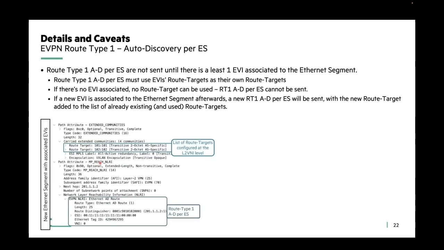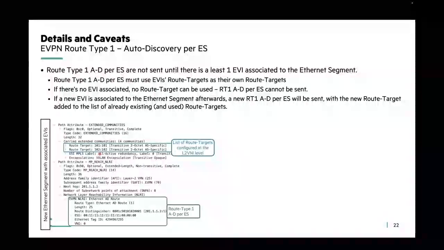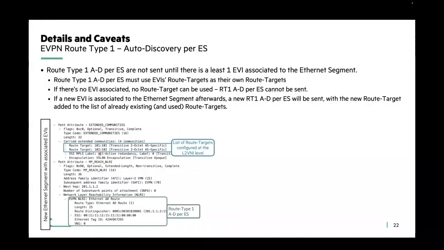In the first one, in the extended community, we have configured 2 EVIs or 2 L2 VNIs, which have their own route target, EVI 101 and EVI 102. So this RT1 AD per ES, which can be identified using the NLRI, is using the 2 route targets of the 2 EVIs which have been associated to the Ethernet segment.